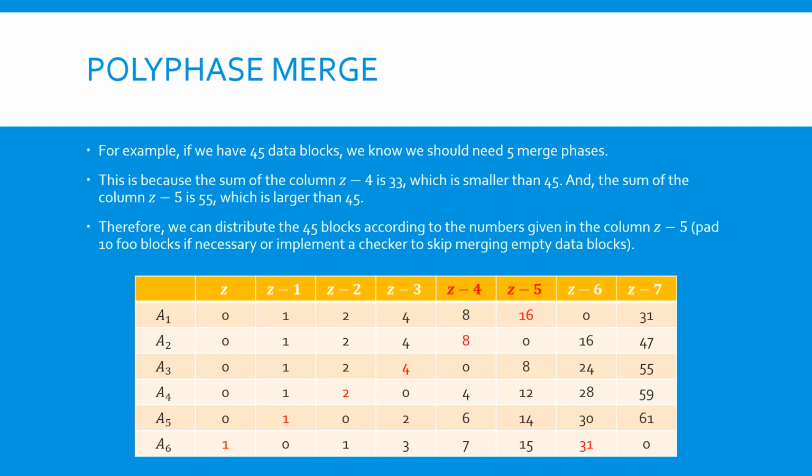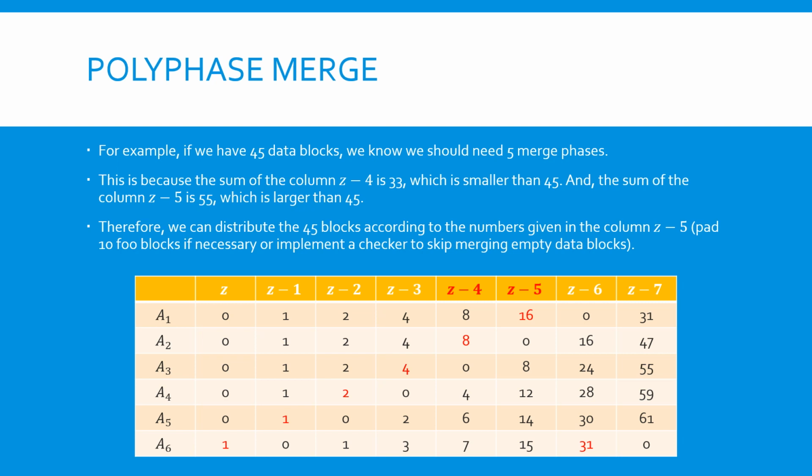They are only determined by the kth order Fibonacci series. Therefore, those numbers can be precomputed for a given order k and phase I. For a given input case with n data blocks, we can simply search in the precomputed table until we find the smallest I such that the sum of all numbers in the ith column is larger than n.